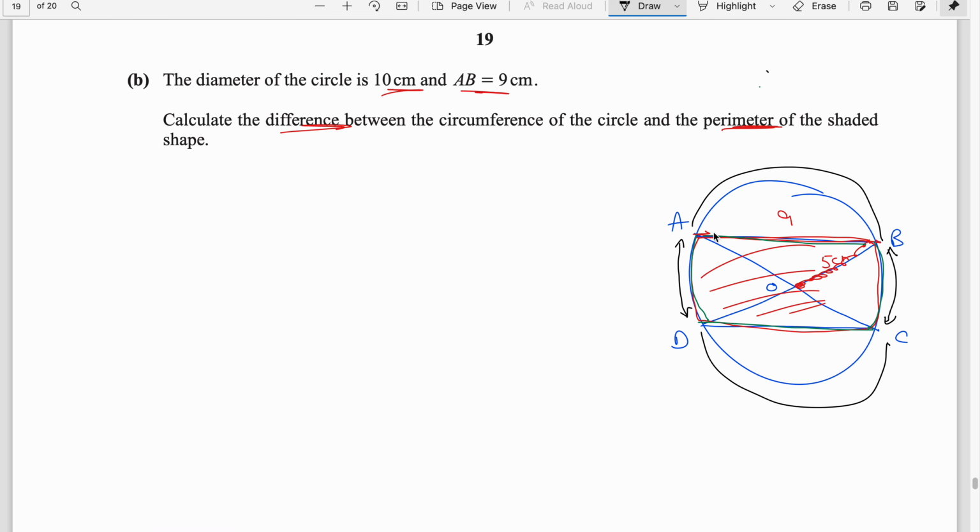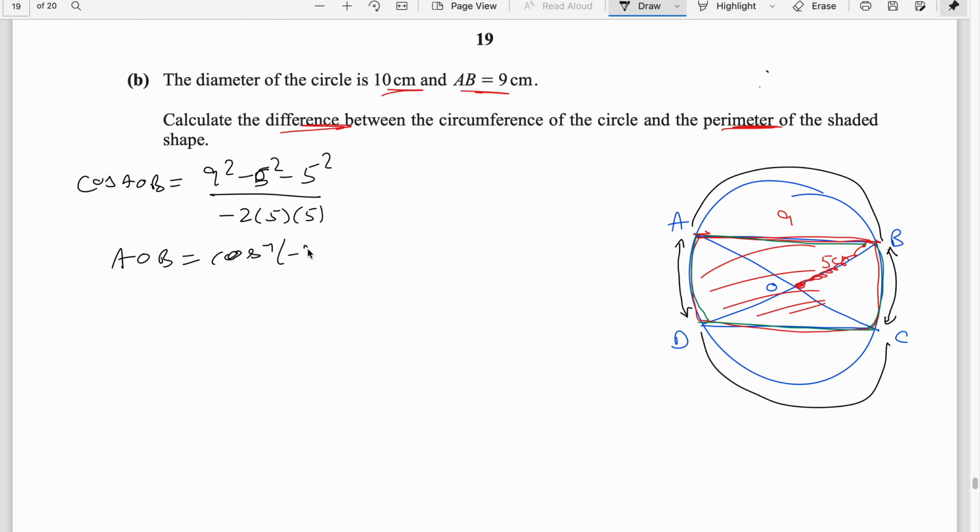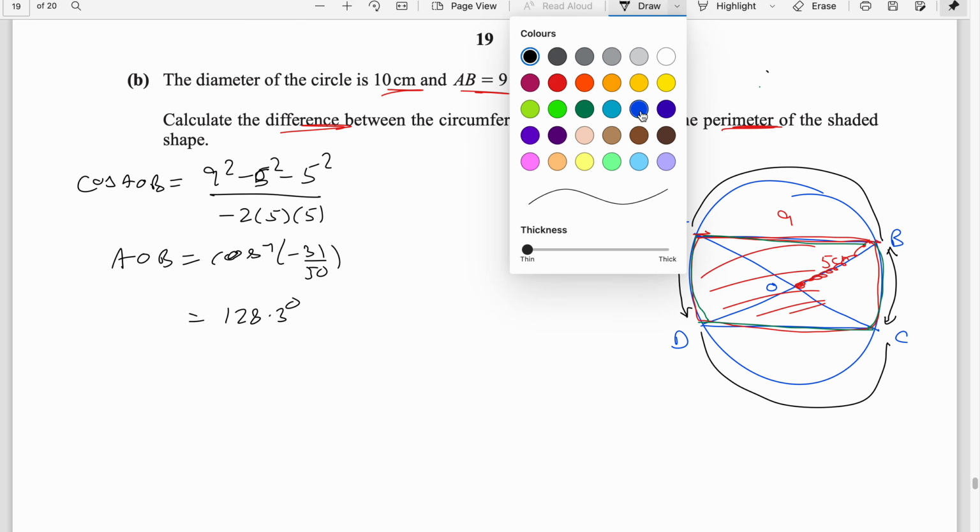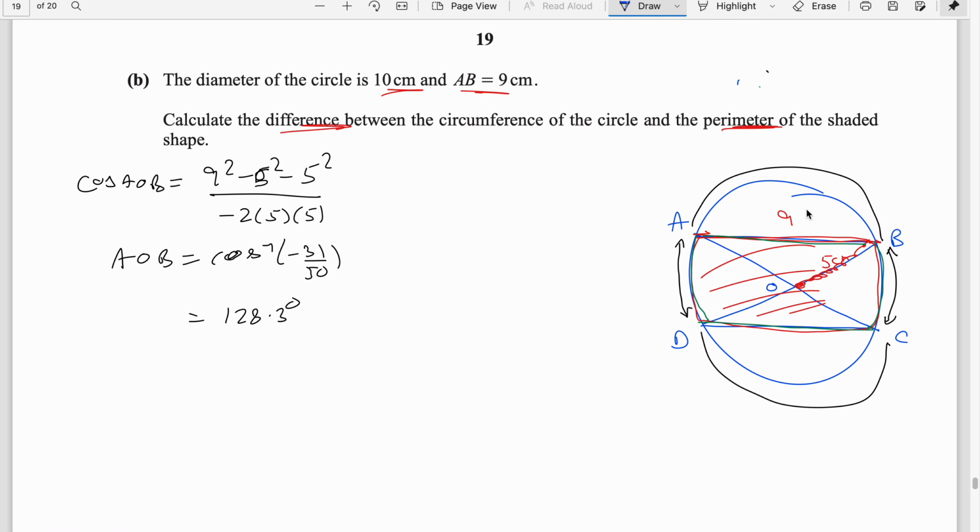So in order to do that, I need the angle AOB. So cos of AOB is equal to 9 square minus 5 square minus 5 square divided by minus 2 times 5 times 5. AOB is equal to cos inverse of minus 31 by 50, and AOB is 128.3 degrees. Once we are done with the angle, we can now find the arc length AB.